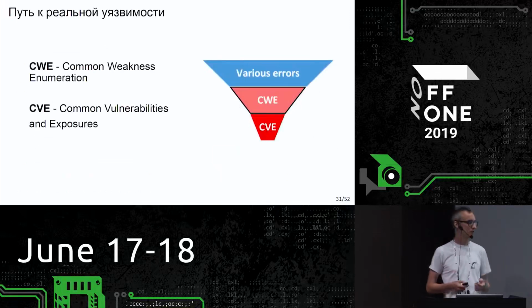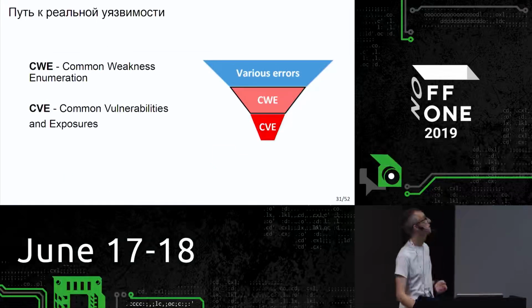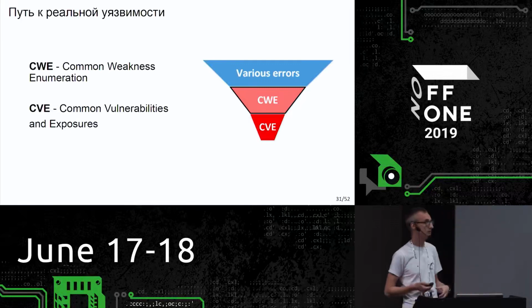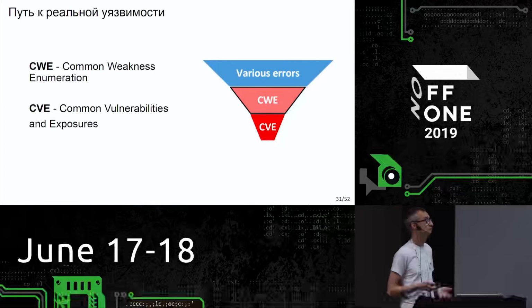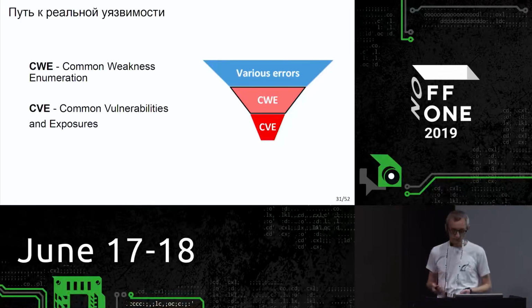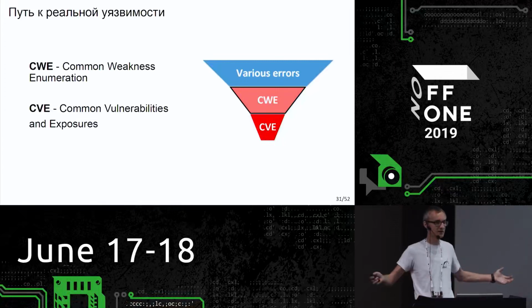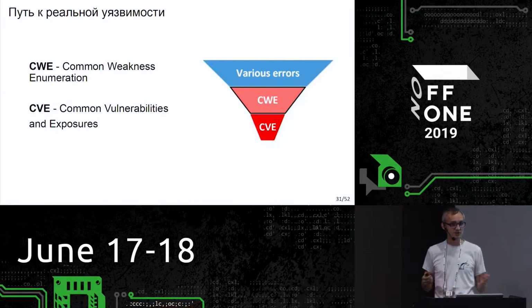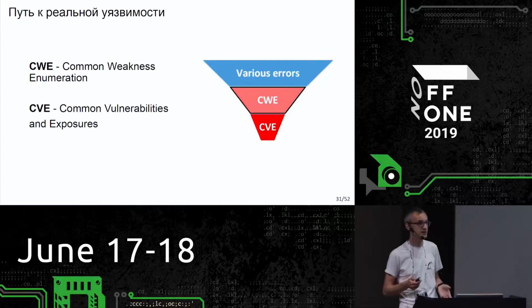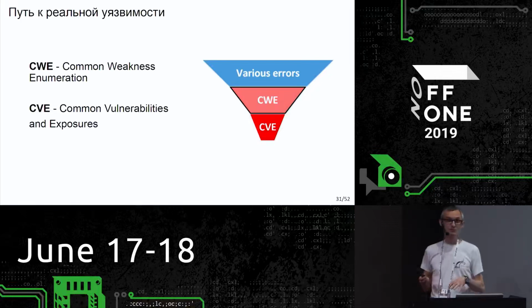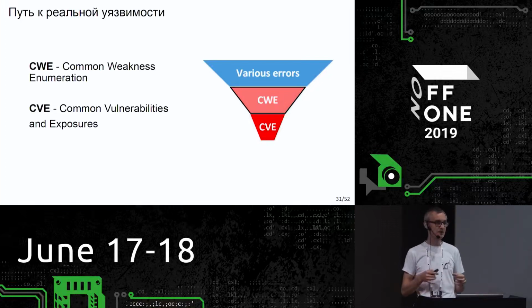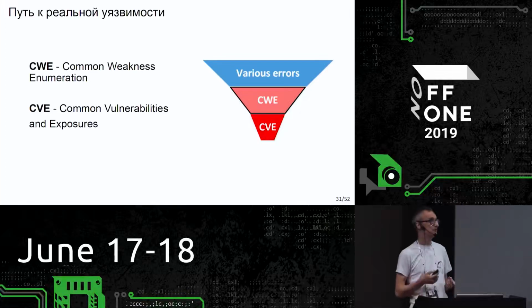As I said, there are two well-known technologies for potential vulnerabilities. CWE is Common Weakness Enumeration, and CVE covers real vulnerabilities. So look at this funnel of errors. They're very different. Some part of those errors, usually 60% or more, are common weaknesses. They are constructs in the code that are suspicious in terms of security, and under some circumstances, this code can work incorrectly, not as the programmer expected.